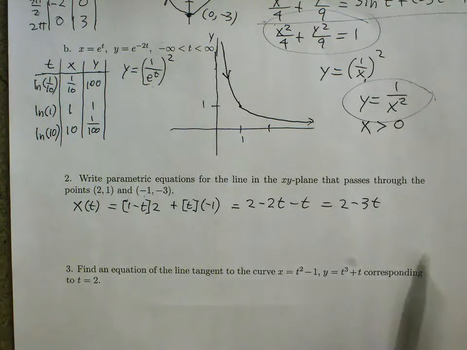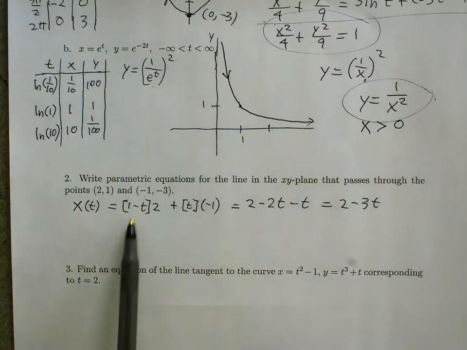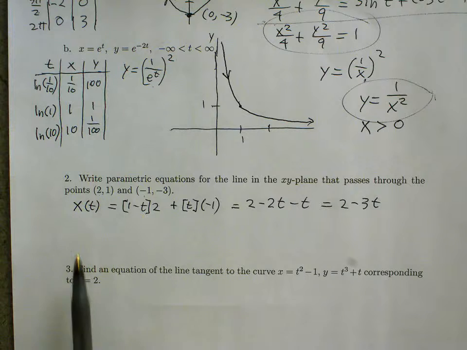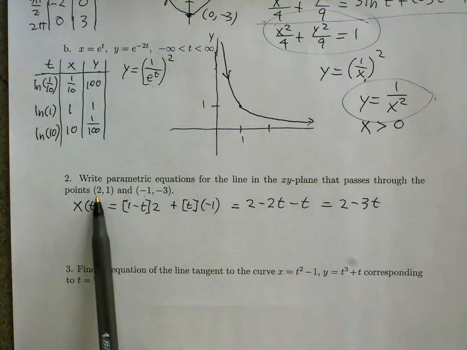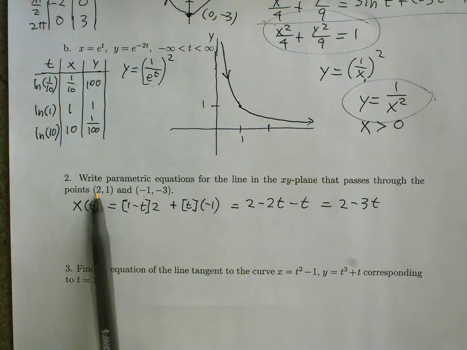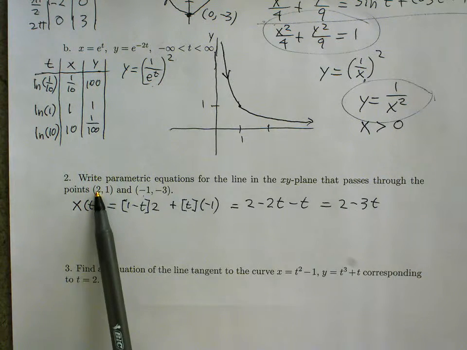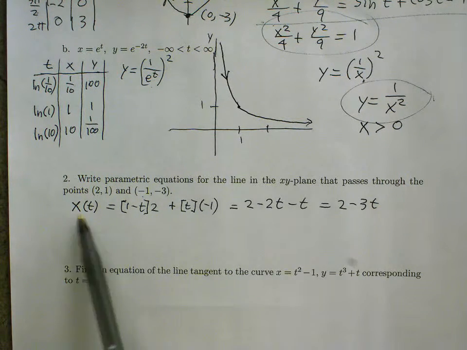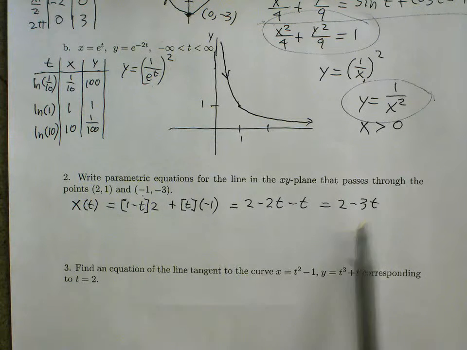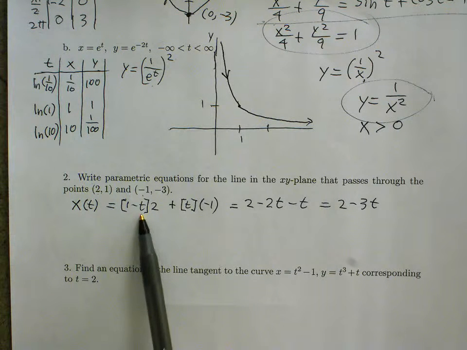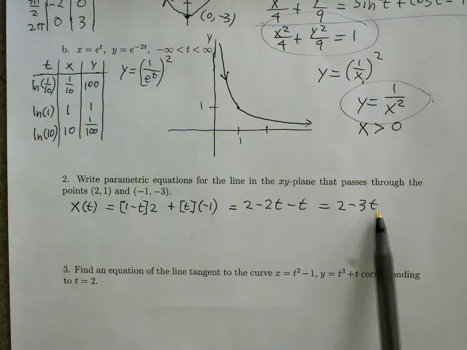So we can check. The idea here is when t equals 0, I'm at this x coordinate. So when t is 0, my x coordinate is 2. And then when t is positive 1, I'm at the other x coordinate, -1. So when t is positive 1, 2 minus 3 is -1.